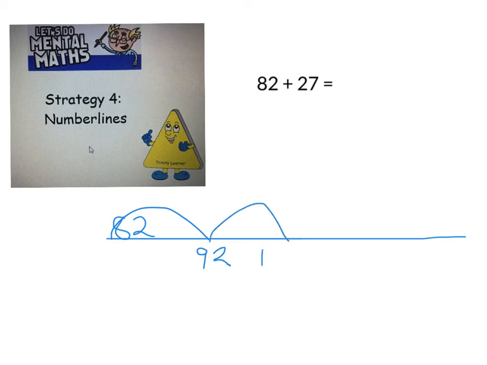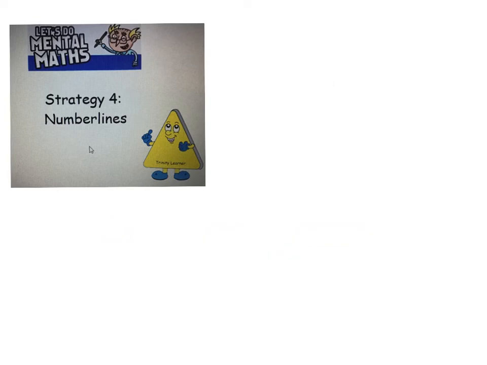So that would make me 102. Next, I'm going to now add on my units, which is 7. So again, I look at my starting number this time. I'm at 102, and I'm adding on to the units. So I've got 2 units there, and I need to add on 7. So if I add on 7 to that, my answer would be 107.